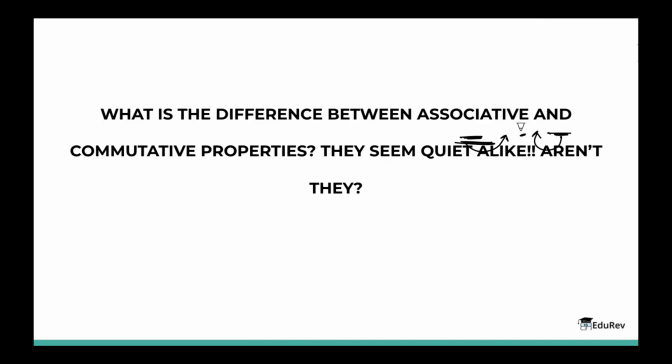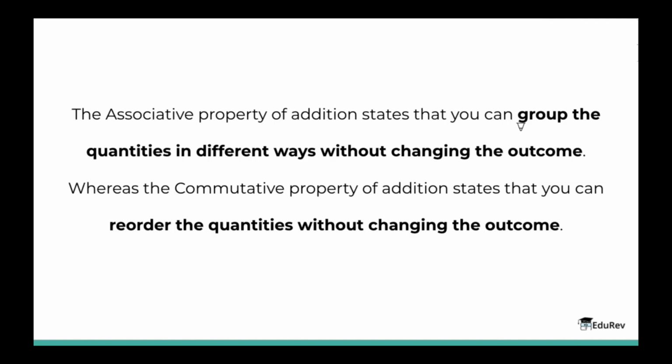Now, can anyone tell what is the difference between associative and commutative properties? They seem quite alike, aren't they? The associative property of addition states that you can group the quantities in different ways without changing the outcome, whereas the commutative property of addition states that you can reorder the quantities without changing the outcome.